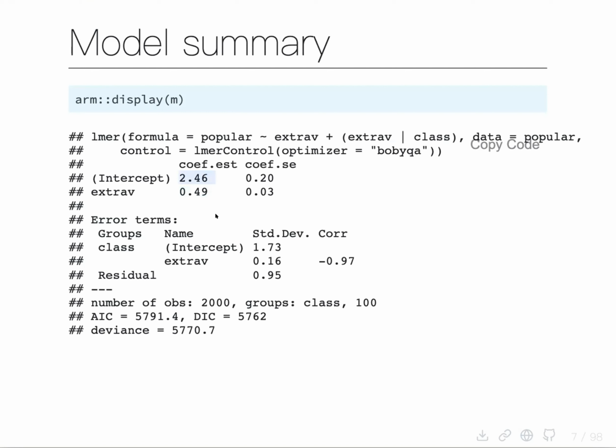The intercept, so students with extroversion of 0, their popularity varied between classrooms, not between students, between classes, with a standard deviation of 1.73. And that relation between extroversion and popularity varied between classes with a standard deviation of 0.16. Okay?